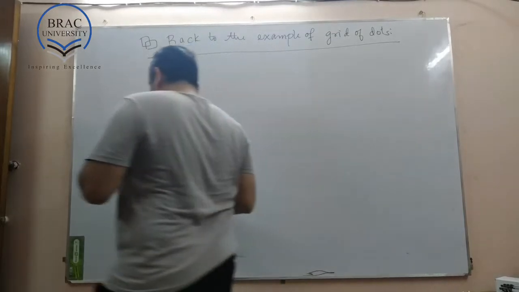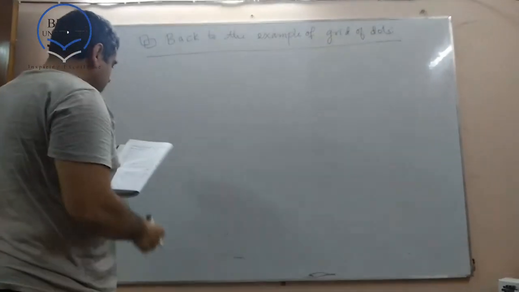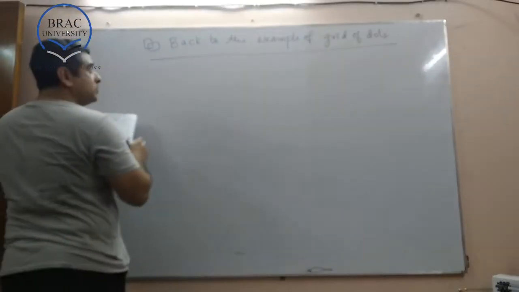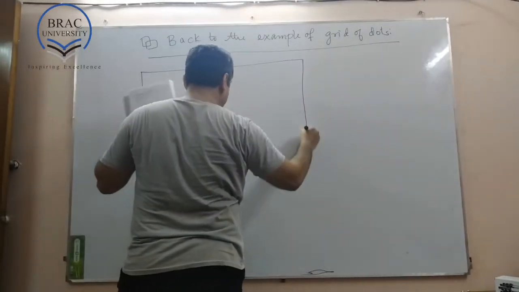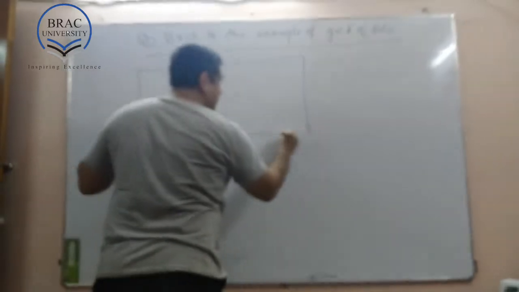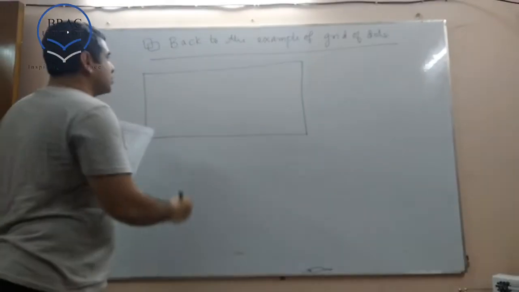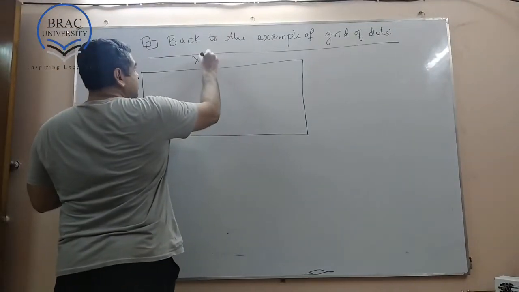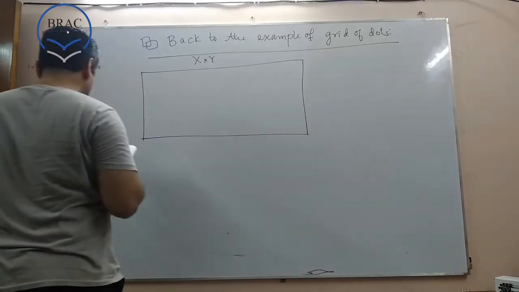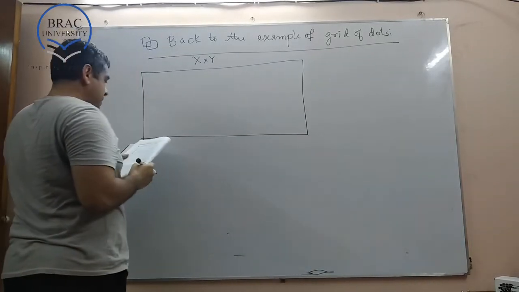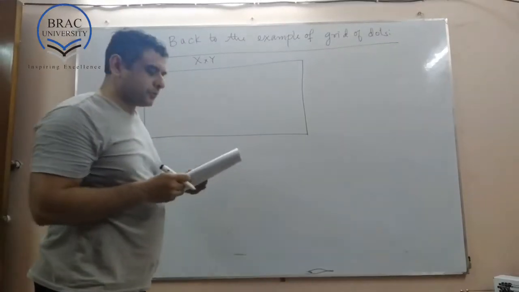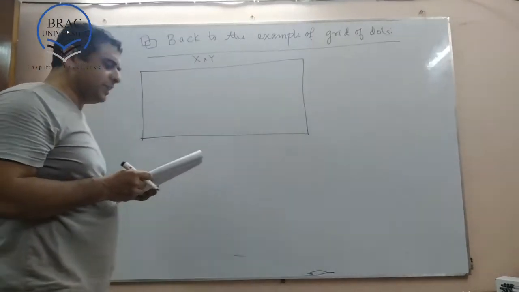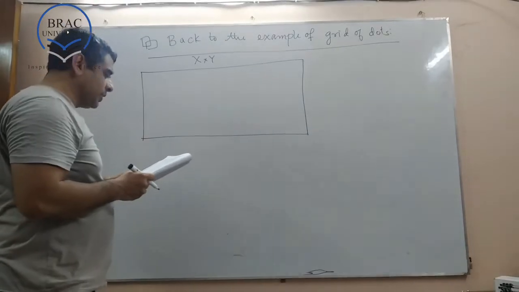All right. So let me draw the table containing all the elements of X cross Y again. For the reason of clarity, I need three colors here.